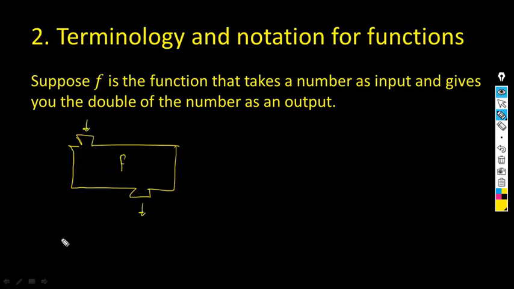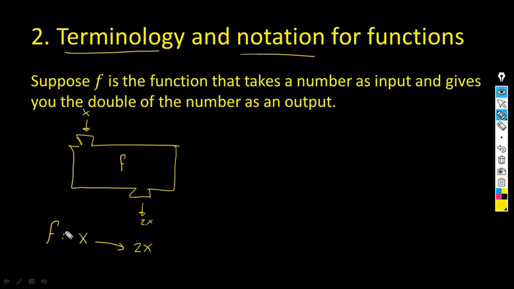What this function is doing is it receives the number x, and as output it will give you the number 2x. So it takes the number x and produces the number 2x as output. So it associates this output to this input. Now let me tell you about some terminology and notation for functions.